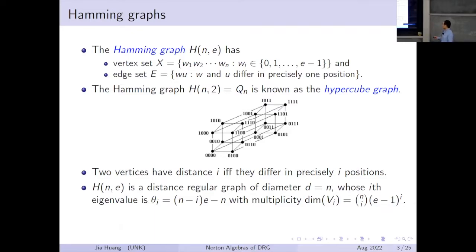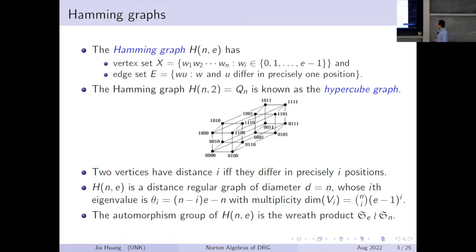We can also compute its eigenvalues and the multiplicity of each eigenvalue, and you can use the parameters we have here to express these. We also know the automorphism group of this graph is a wreath product of two symmetric groups, S_e and S_n. S_e acts on the vertices by permuting the e digits in those words, and S_n permutes the n positions in those words.